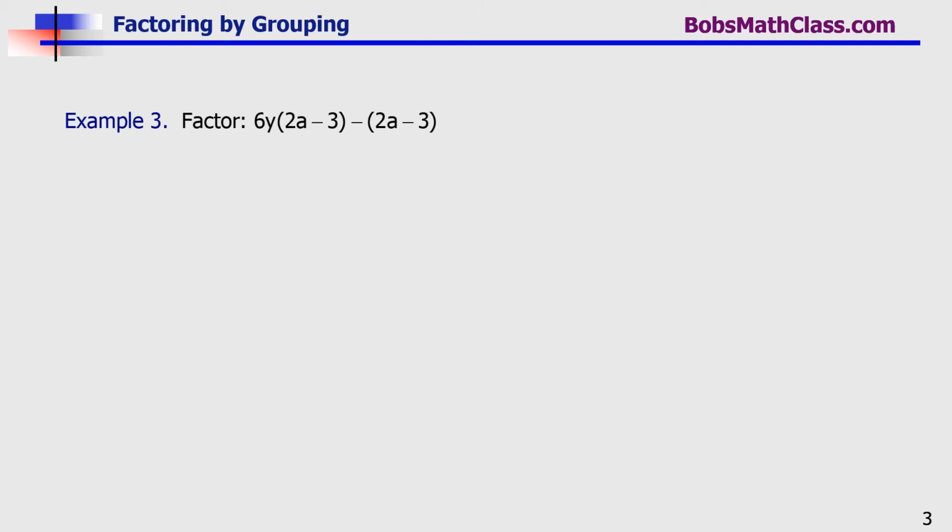Yeah, that's right, you could always put a 1. So whenever there's not a number, you could always put a 1. In this case, it's a minus sign, so it's a negative 1. If it was a plus sign there, then it would be a positive 1. All right, so now the 2a minus 3 is our GCF. And then the 6y minus 1 will go inside the second parentheses.